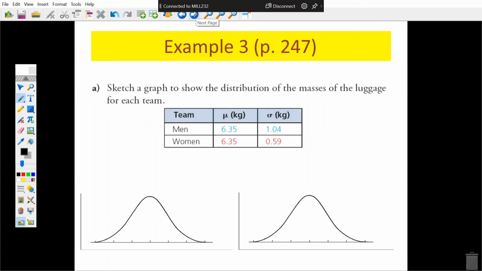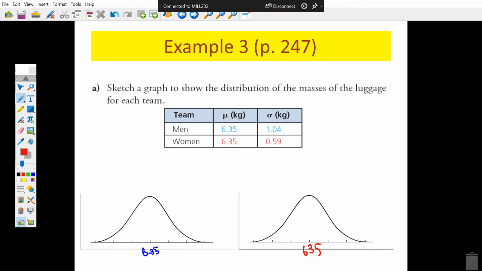Okay. So what you'd have to do here is it's just a matter of putting down the numbers, okay? The 6.35 is the average, right? That's the mean. That goes right in the middle. 6.35.